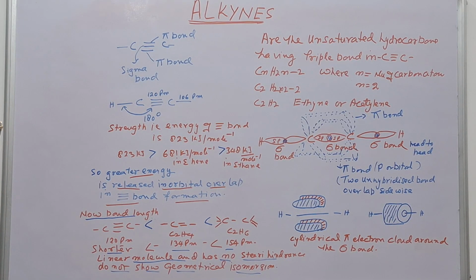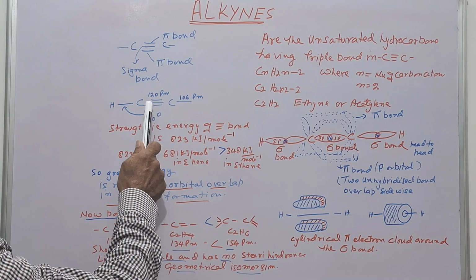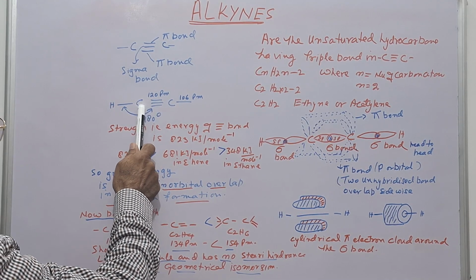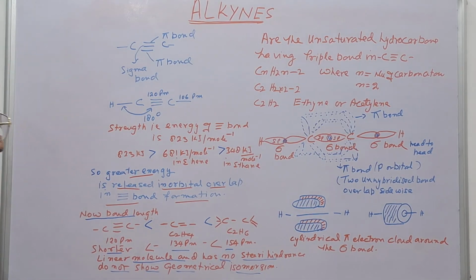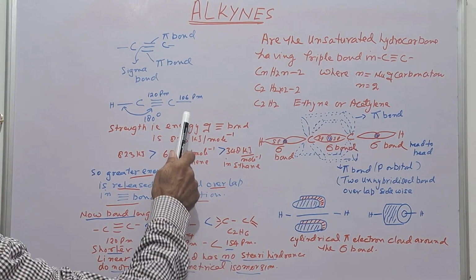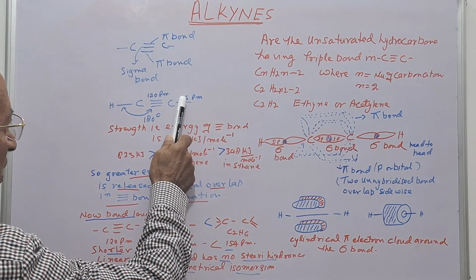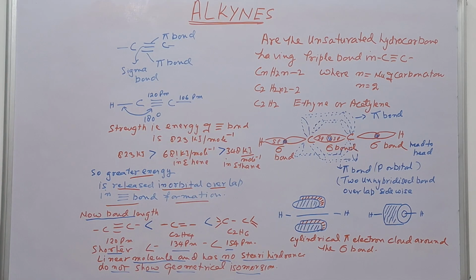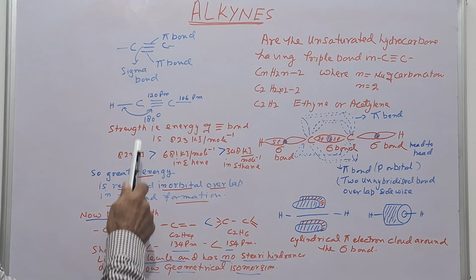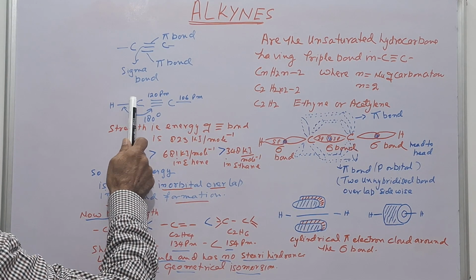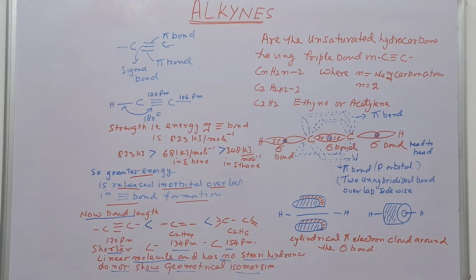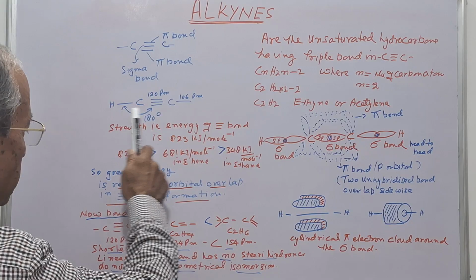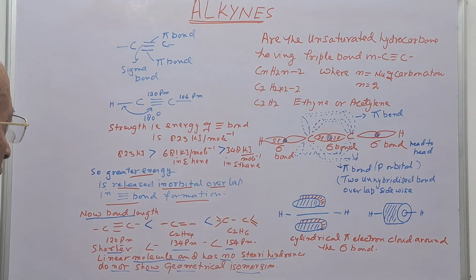Now, most important thing, the distance of the carbon-carbon triple bond is 120 picometer, while the carbon-hydrogen is 106 picometer, and the angle between hydrogen, carbon and carbon is 180 degrees. It means it is a linear molecule.